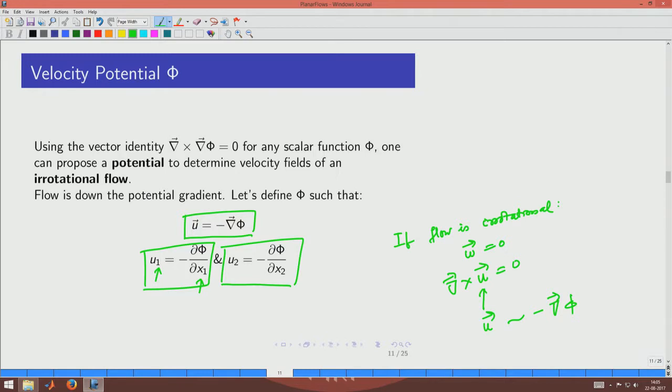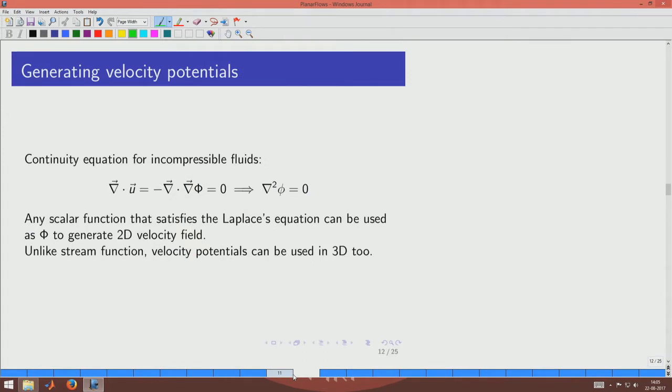That is how we can recognize these expressions as very different, and we can now go ahead and see what kinds of functions phi we can come up with, and then plot the velocity vectors for all those functions and see how those flows look. And by giving names to such flows, we can describe in any arbitrary situation how the flow is happening.